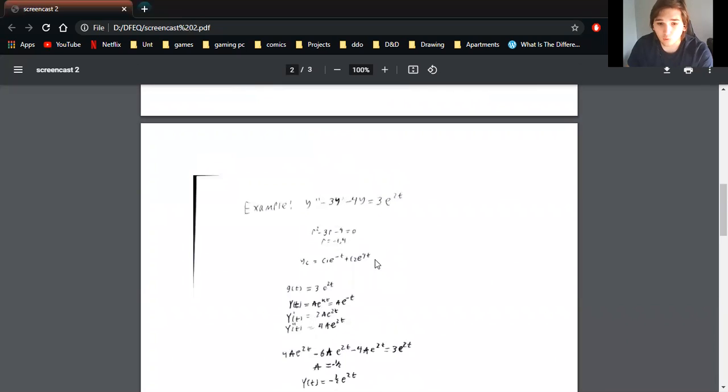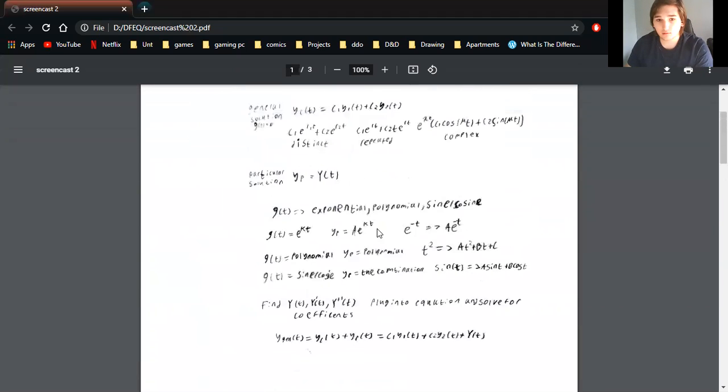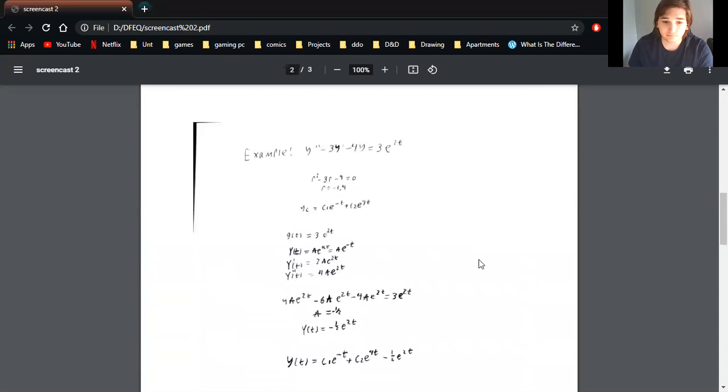Now, what will happen if you have multiple of these in one g, like if you have both an exponential and a sine and cosine? What you would do then is merge the two different particular solutions. You merge the ae to the power kt with the sine and cosine combination form.